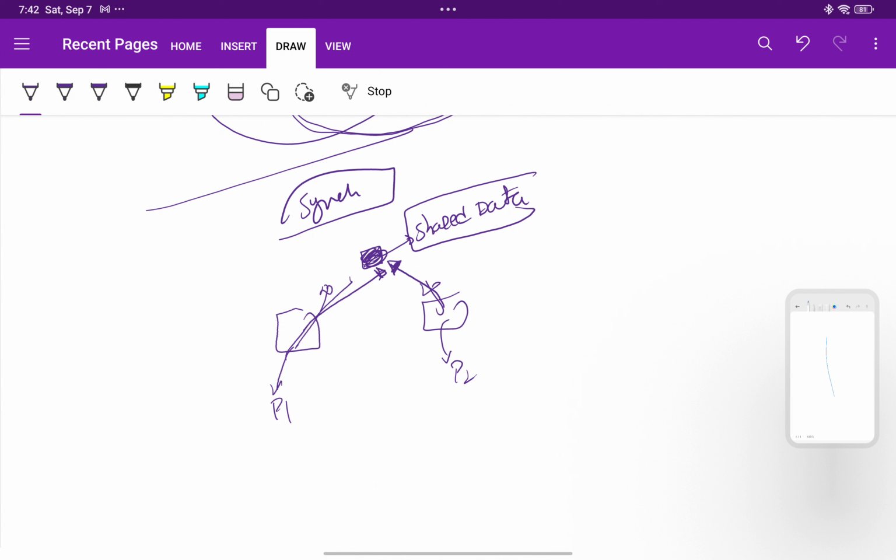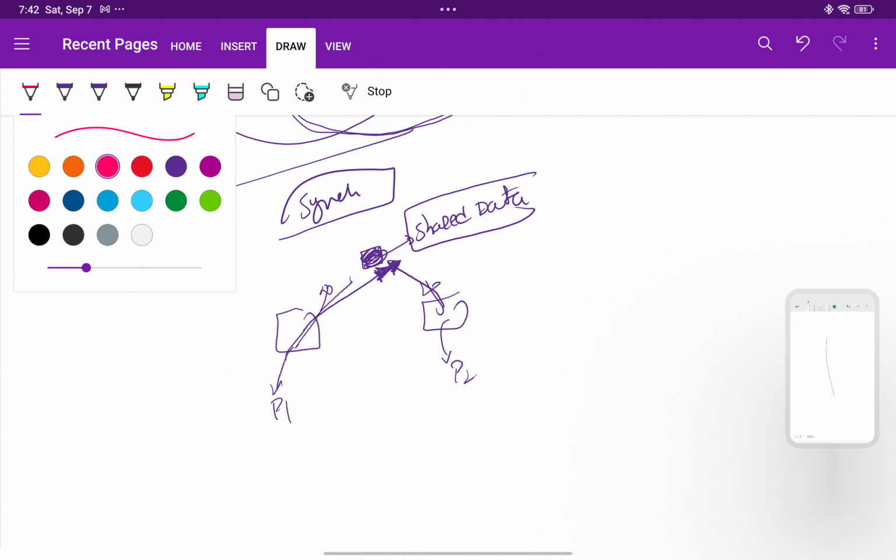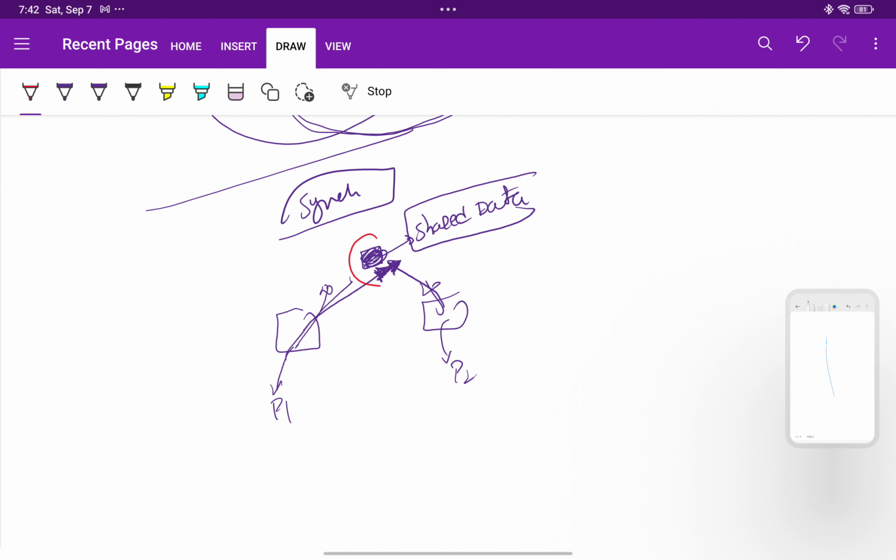This is the place where the problem arises with multi-threading. So if there is a requirement of shared data, one thread must be held. Okay, this is the problem we see with multi-threading.